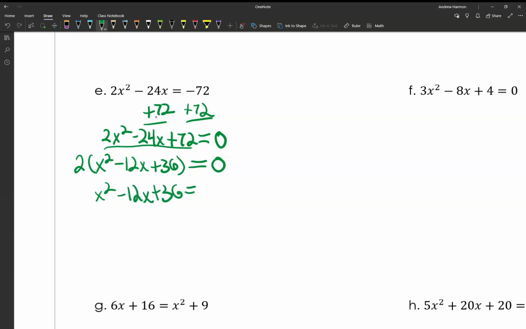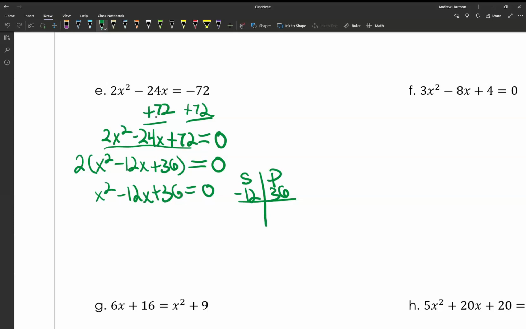equals 0. Then we can factor, and because our a value is 1 now, we can just use a sum and a product. Our sum needs to be negative 12, our product needs to be 36. So think about the ways you can get 36. There's a few different ways.